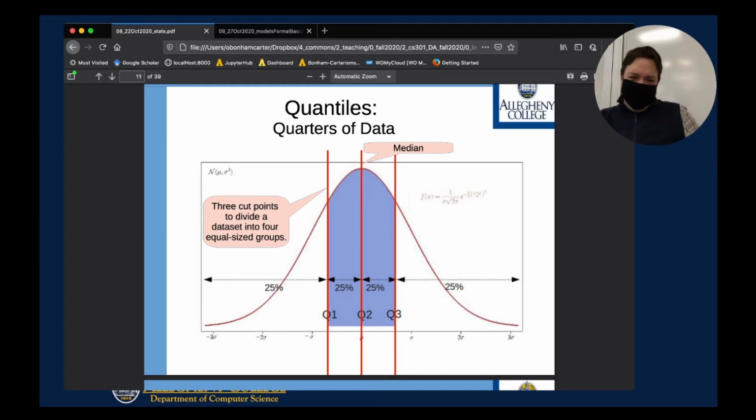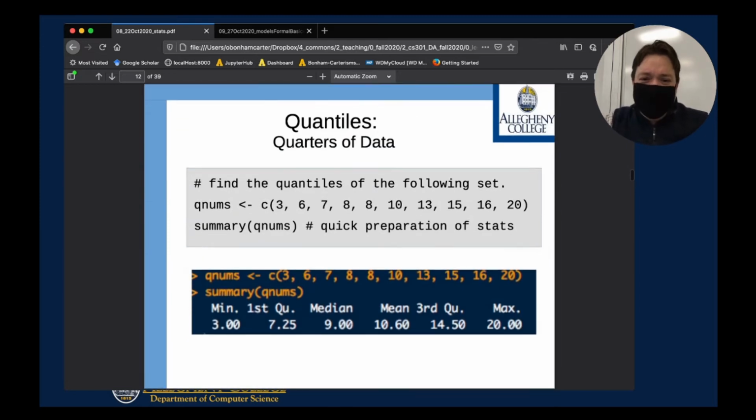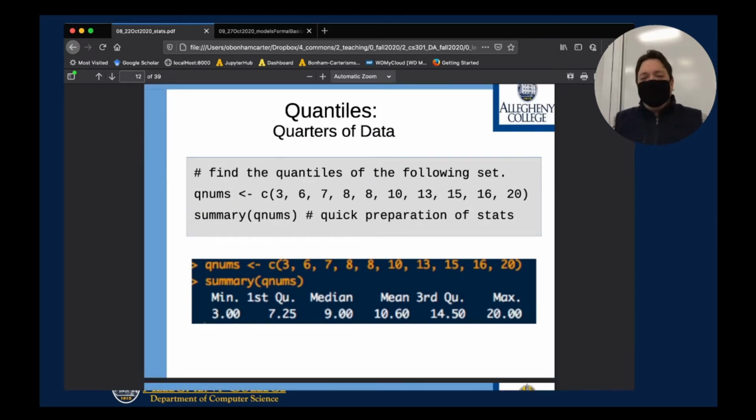Anyway, if I can give you my quantile values, as I would right here, then in your mind's eye, you have an idea about where those values are falling, like how much of the values are falling where. For instance, in this data set that we have here, my graphic below says my first quantile is 7.25.